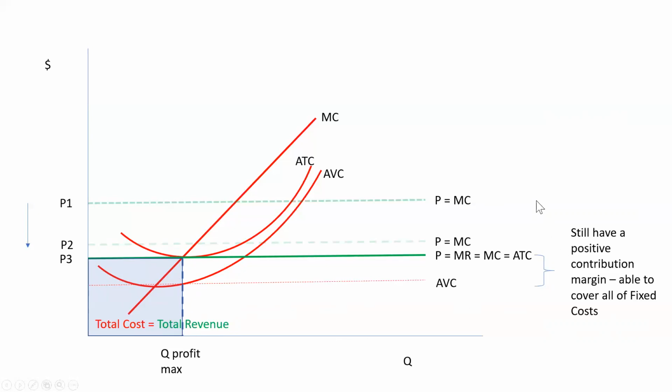And if you remember from finance, if you took finance with me, the contribution margin is the price minus the variable cost. So in this case, the firm has a positive contribution margin such that it will continue to operate, and the contribution margin will cover all of the fixed costs. So this is why the firm can continue to function.